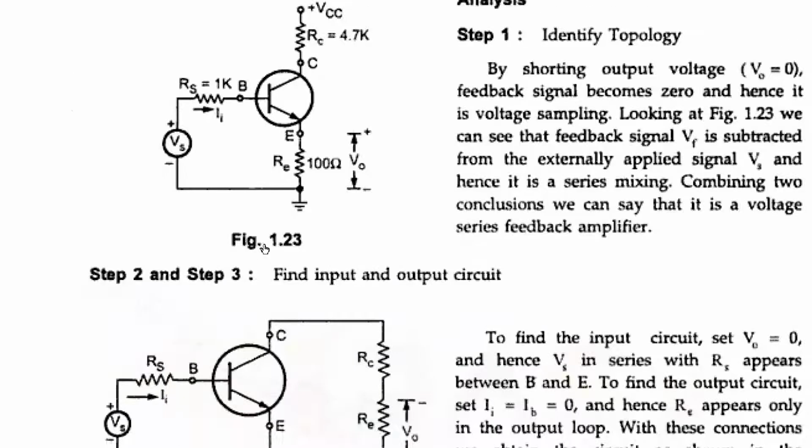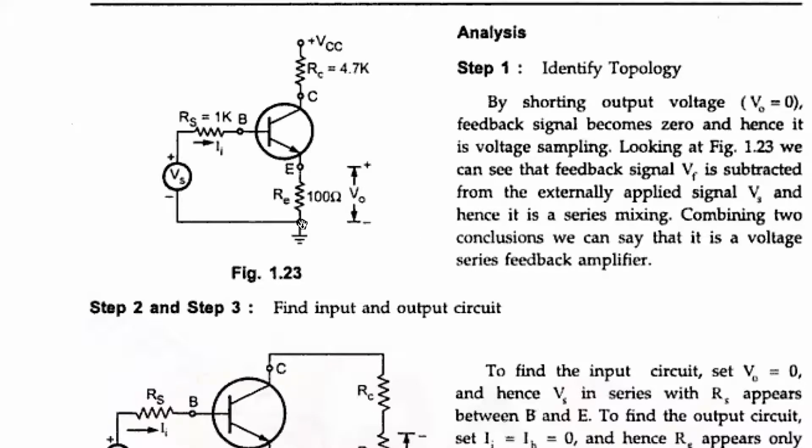Means as per the rule, because it is series mixing, make the input current 0. If we make the input current 0, the current through RC and the current through RE will be same.